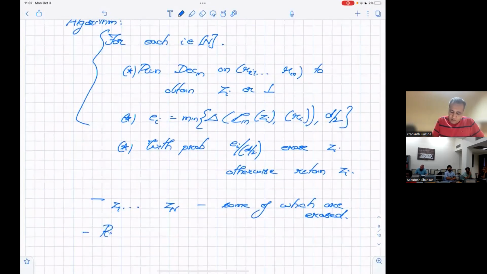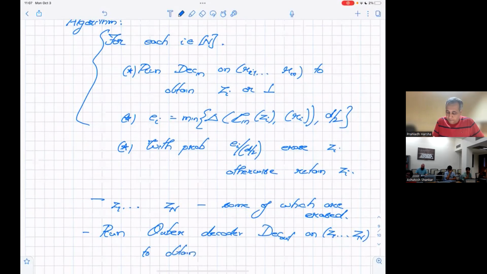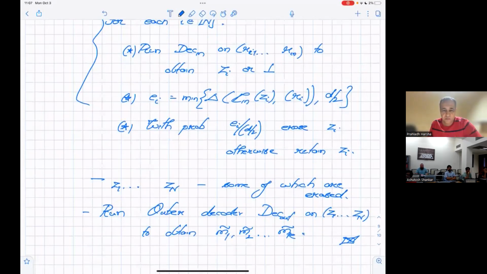So run the outer decoder on Z_1, Z_2, ..., Z_n to obtain M_1 tilde, M_2 tilde, ..., M_k tilde. That's the end of it. Okay, so this is the way I have stated it, it's a randomized algorithm. So what does it do? We'll defer the analysis to next time.